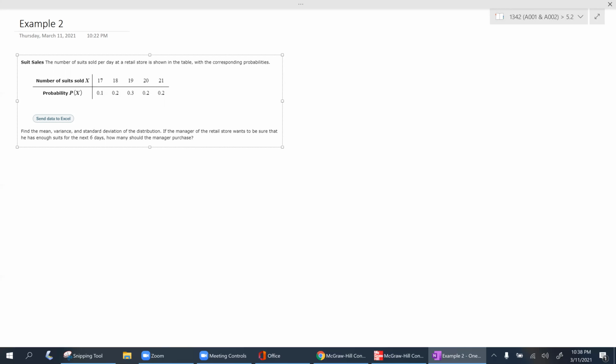Okay, so let's go ahead and see this. Let's start with finding the mean. My mean is just going to be the sum of those values.